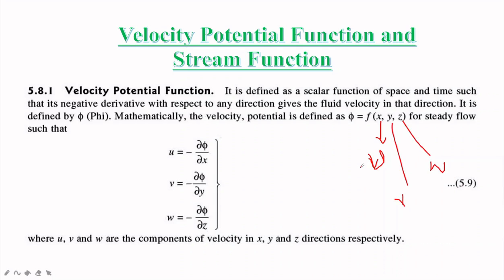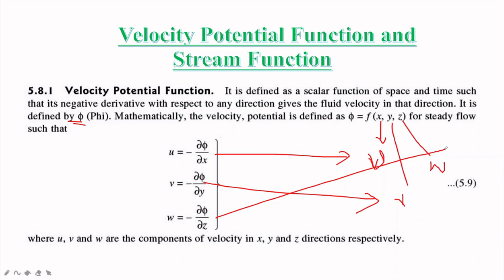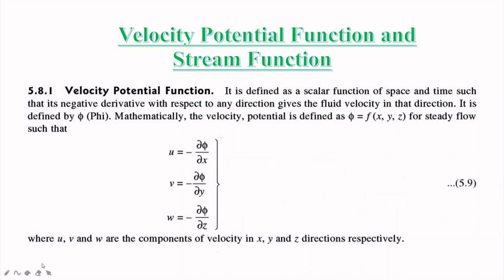The velocity potential is defined as phi. The negative derivative of dou phi by dou x gives directly the value of u. The negative derivative of dou phi by dou y is v, and the negative derivative of dou phi by dou z is w. So directly we will get the values of u, v, w.